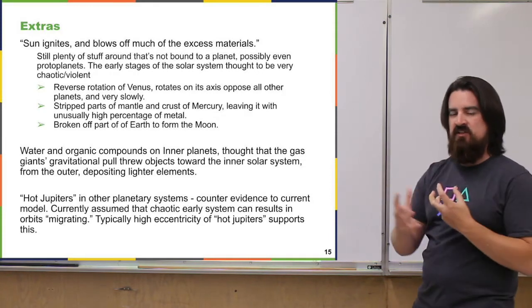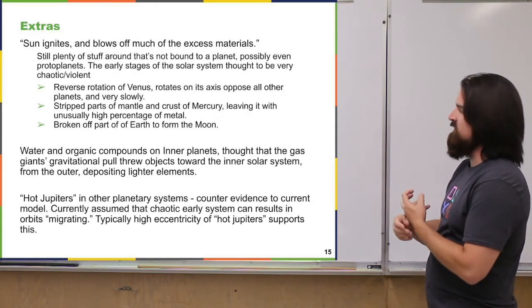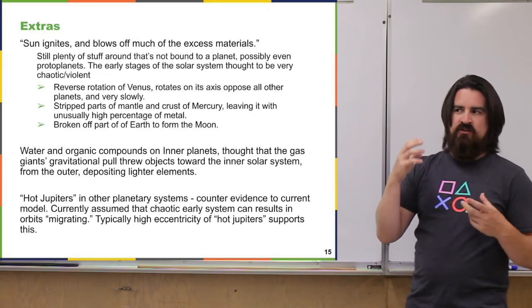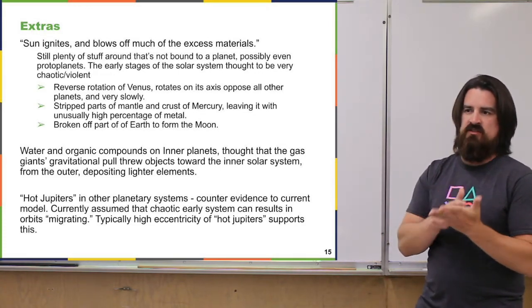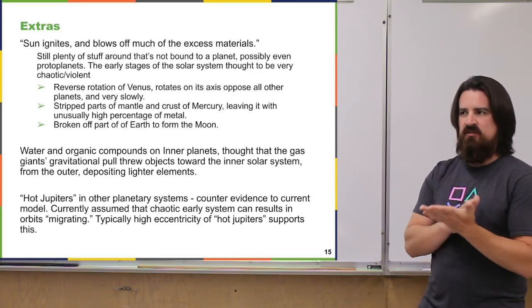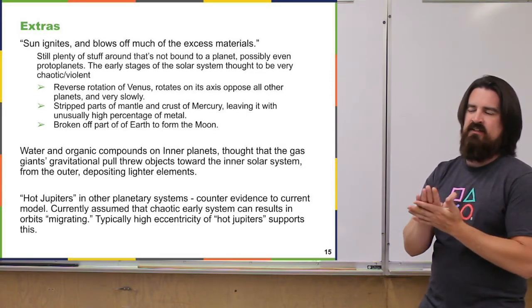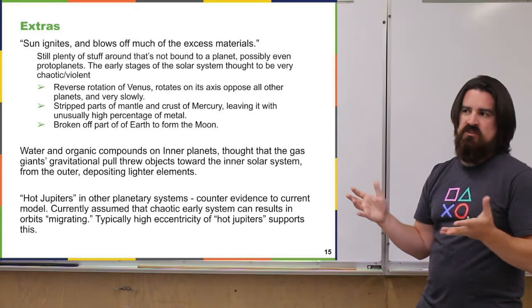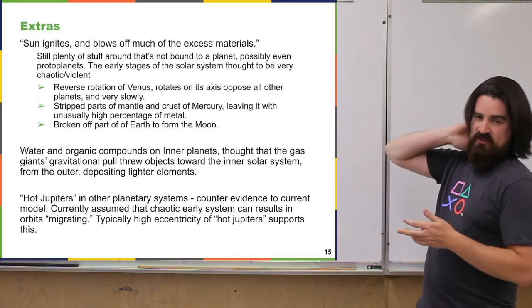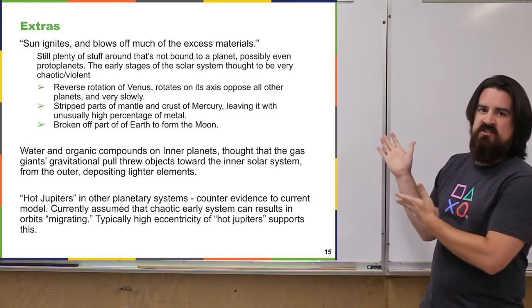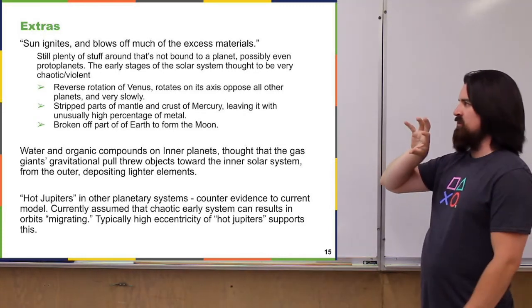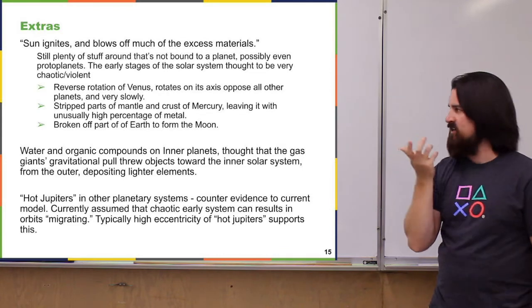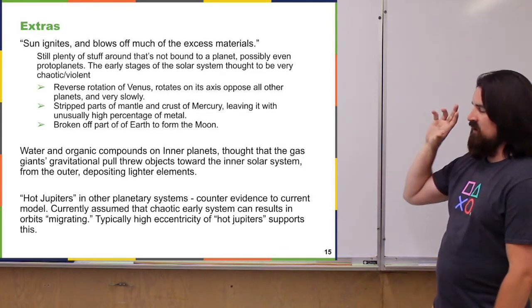There's still a lot of things colliding, a lot of stuff happening, probably even other protoplanets that were still around, right? So things that were almost planets, but weren't quite there yet and aren't here now. Something happened to them, probably having to do with some of these oddities that we see in the solar system. One of them is, like I mentioned earlier, Venus's rotation on its axis is opposite the others, and it's very slow.